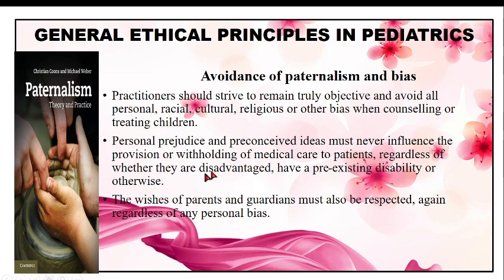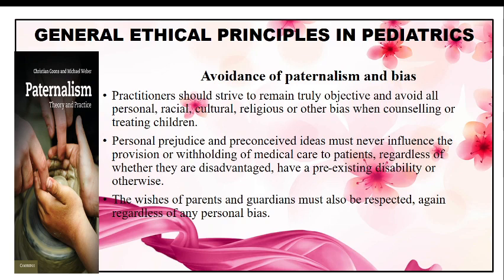The wishes of the parents and guardians must be respected, again regardless of personal bias. Suppose you are giving chemotherapy to the child, and your own experience may be telling you that if you give chemotherapy, the child may not live longer than one month, so why give it?